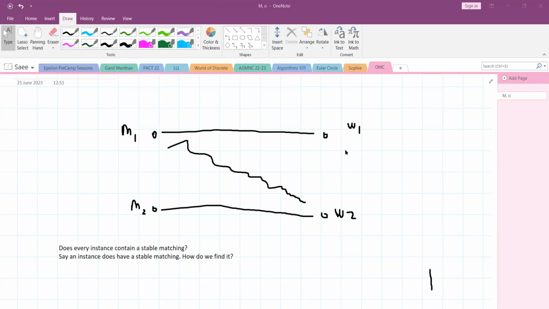I would really encourage you to just unmute and talk. It's just a simple yes or no question. Is the question clear? Yes. Okay, awesome. Thanks. So what do you think? Does every instance contain a stable matching or no?